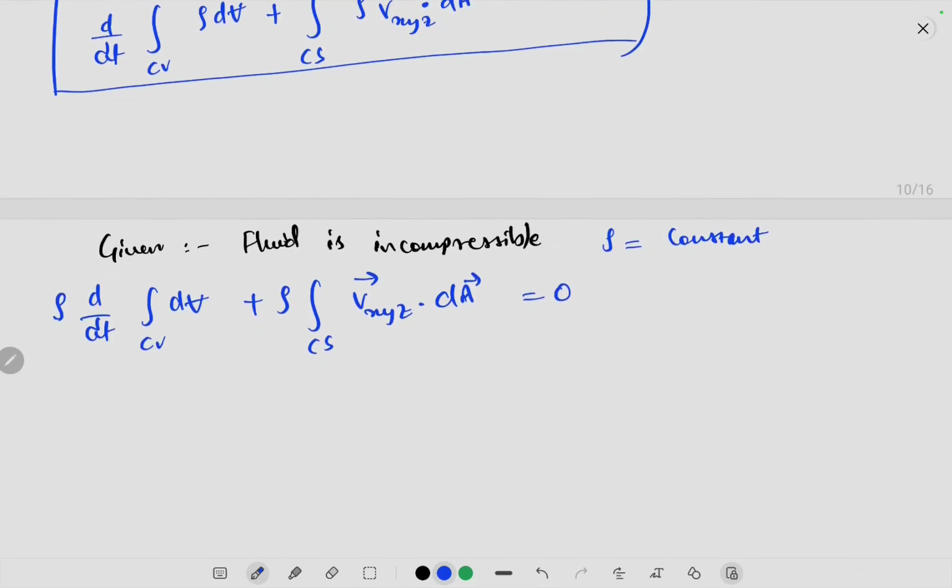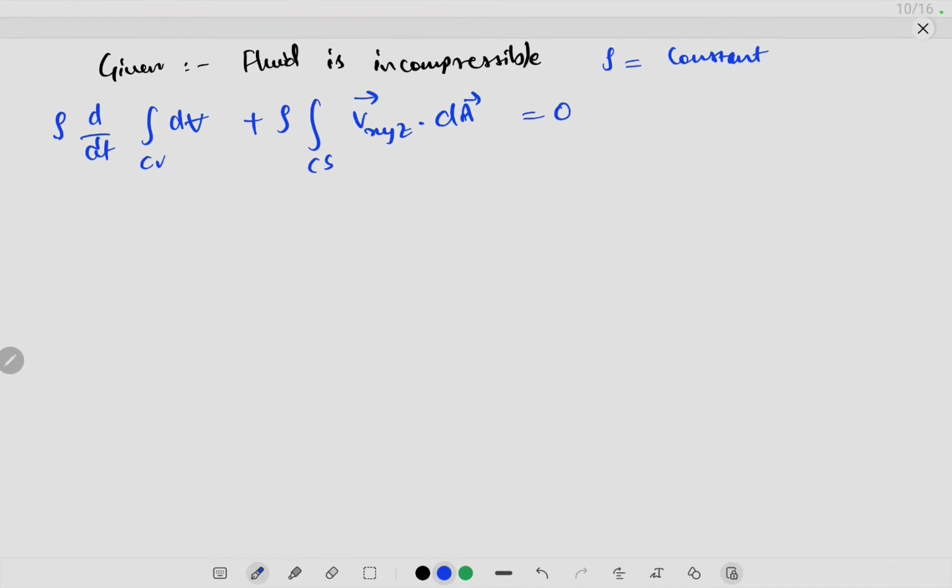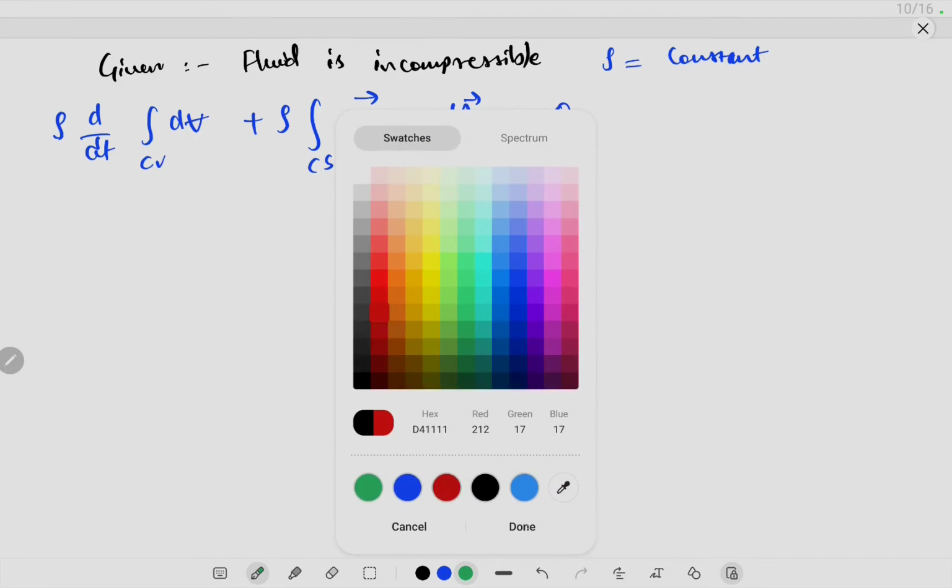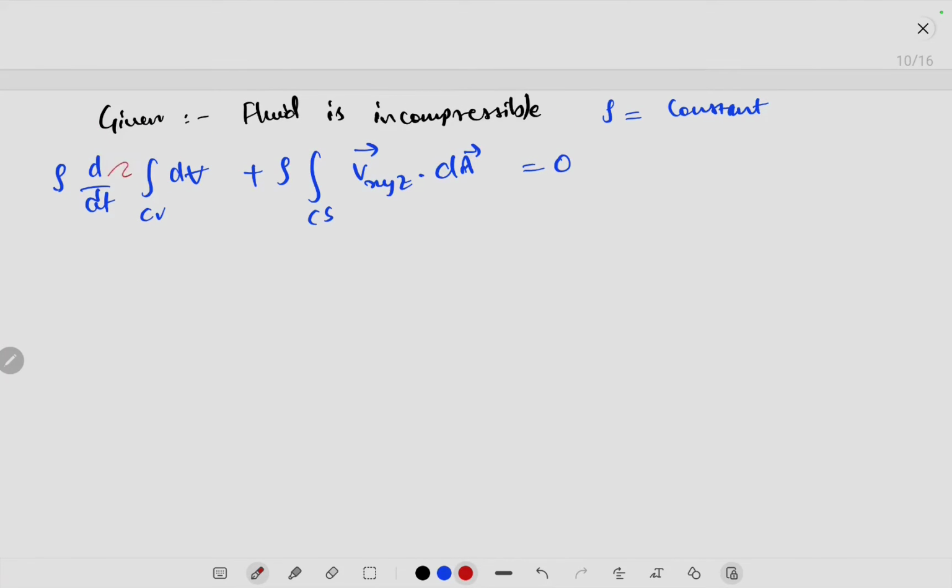Now if I ask you what is this term, think about it. So this term is nothing but the rate of change of volume of control volume, right?